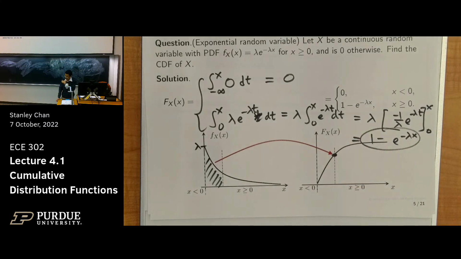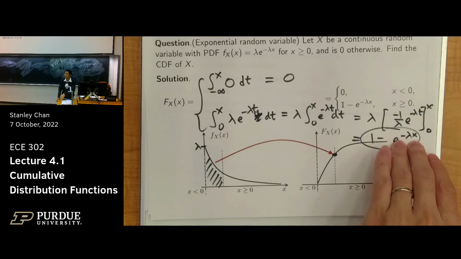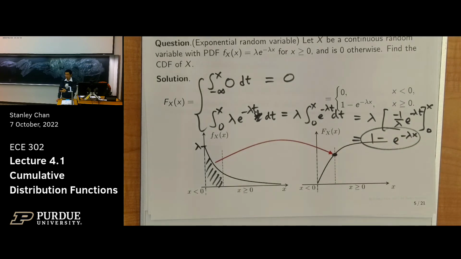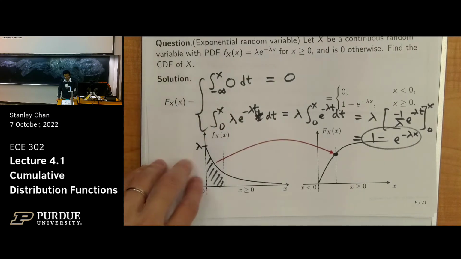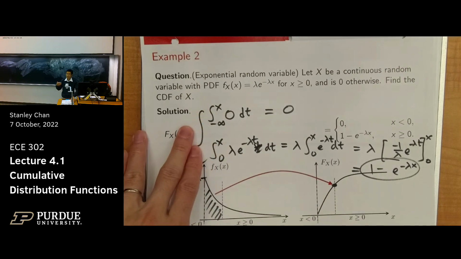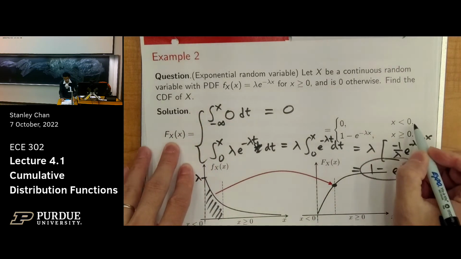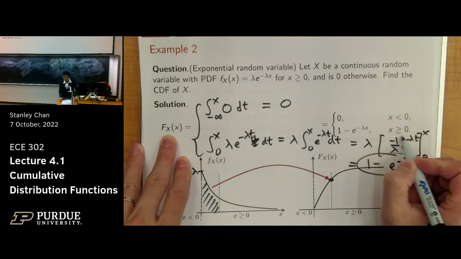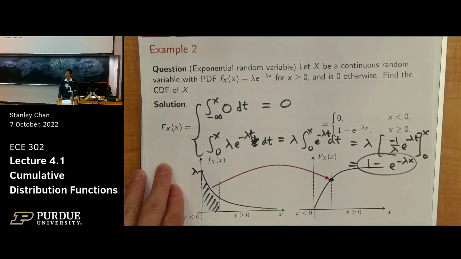So it is increasing. Will it go above 1? No, because the biggest value you can ever have for this e term is 1, or 0. So you will be bounded between 0 and 1. It is a continuously moving up function, so it should make sense, right? So that's another example. This case is the exponential random variable. We find the CDF. The CDF contains two ranges, x less than 0 and x bigger than or equal to 0. So we find it.